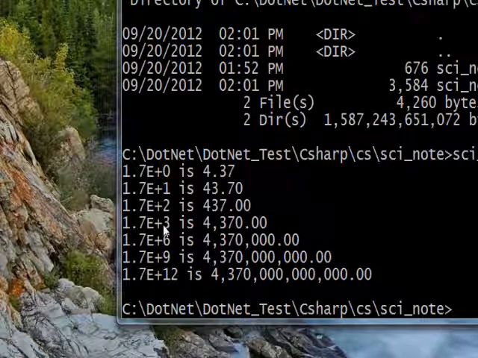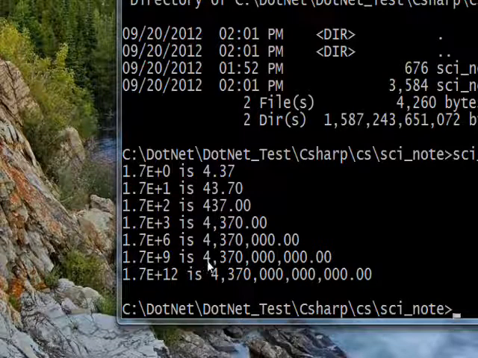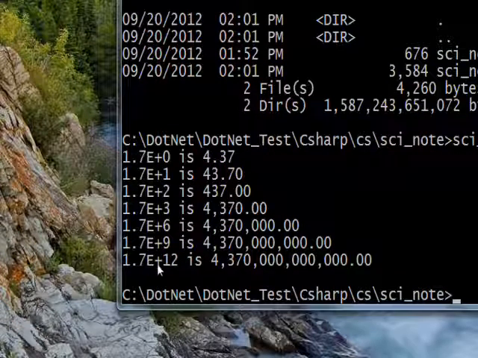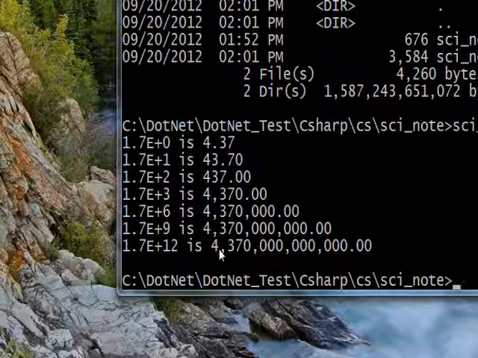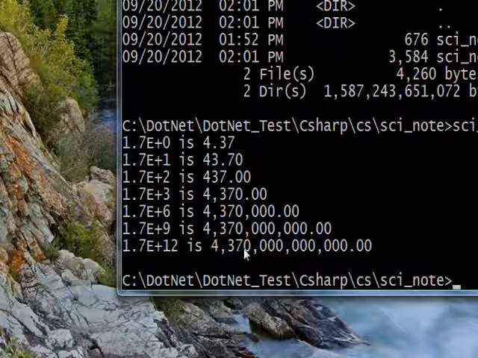And then if it's to the k power, we get 4,370. To the 6 power we get 4,370,000. To the gig power we get 4,370,000,000, and to the tera power we get 4,370,000,000,000.